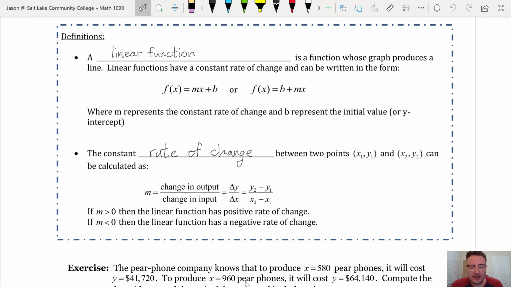You can check that out if you want, but with this formula, it never matters which point you call point 2 and which point you call point 1, as long as you're consistent and always put the y value of the point you're calling point 2 first over the x value of the point that you're calling point 2 first. And then you subtract off the point 1 values. As long as you're consistent, you'll get the correct slope. Okay?